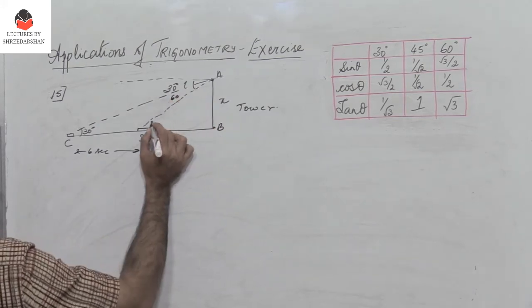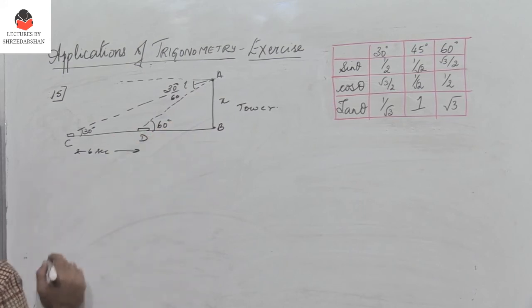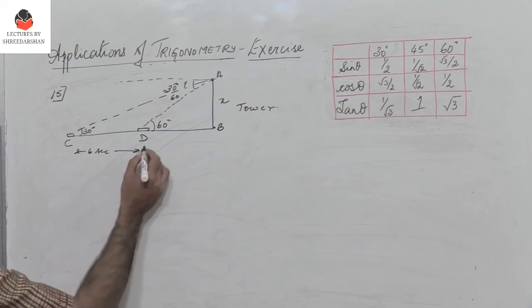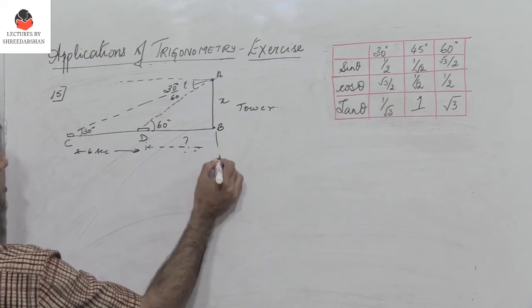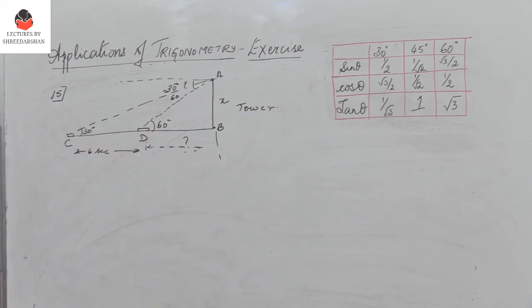So if this is 60, then this also is 60. Now the question is, find the time taken by the car to reach the foot of the tower from this point. So how much time will it take to reach point B is the question.